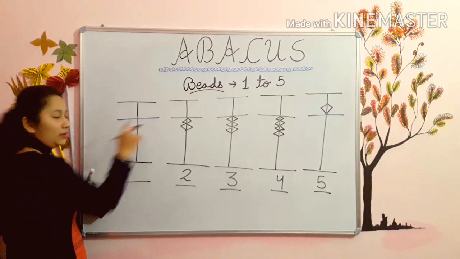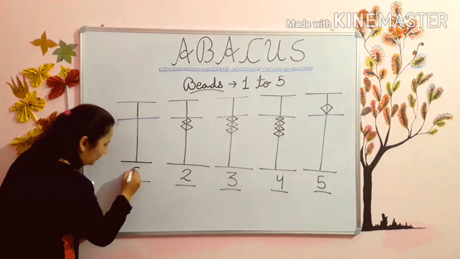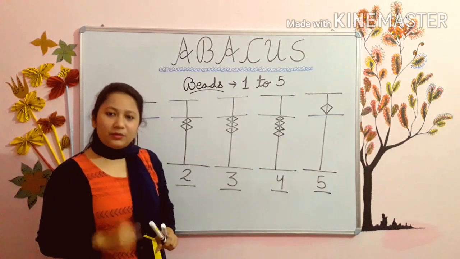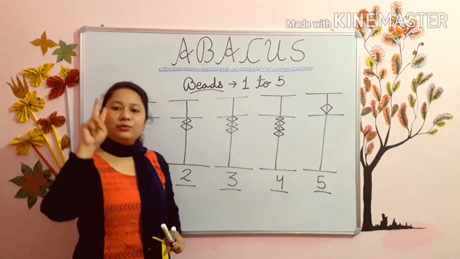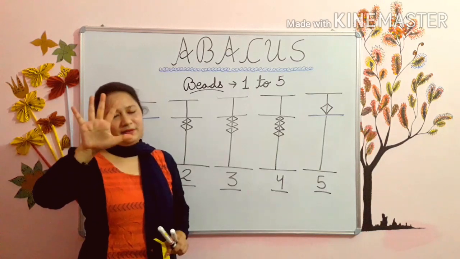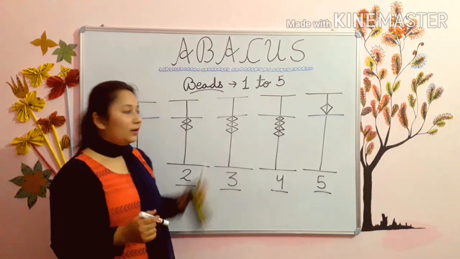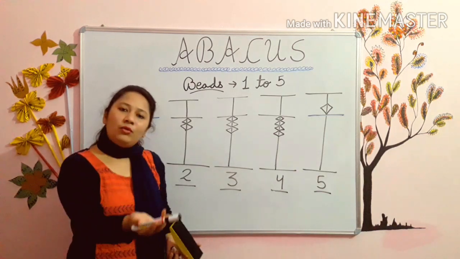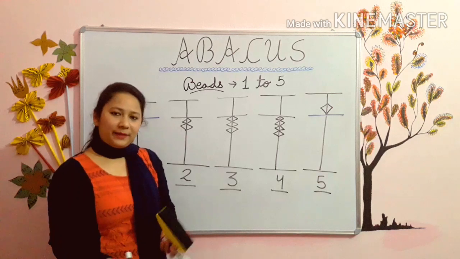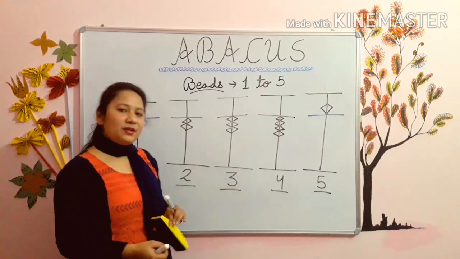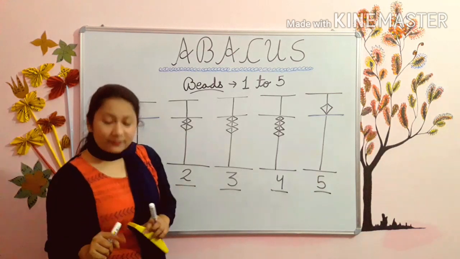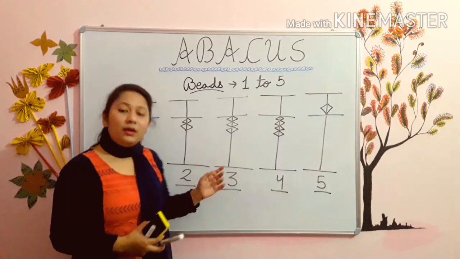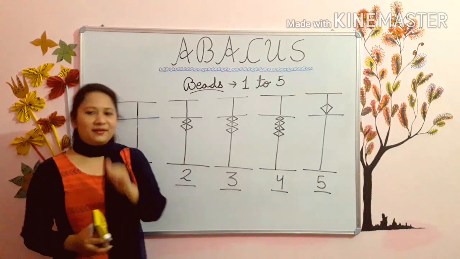No. So nothing means 0. So I have told you 0, 1, 2, 3, 4 and 5. So students, now you have learned these beats. Now we will go for our next topic today in this abacus class.